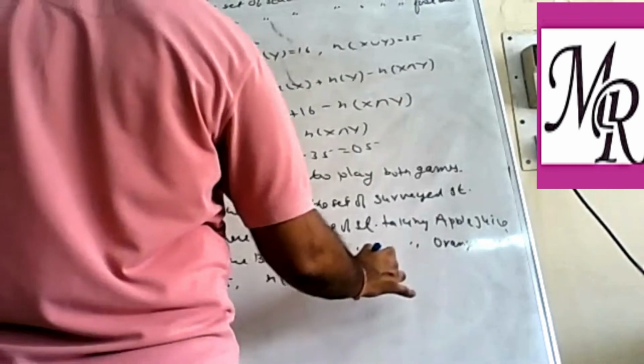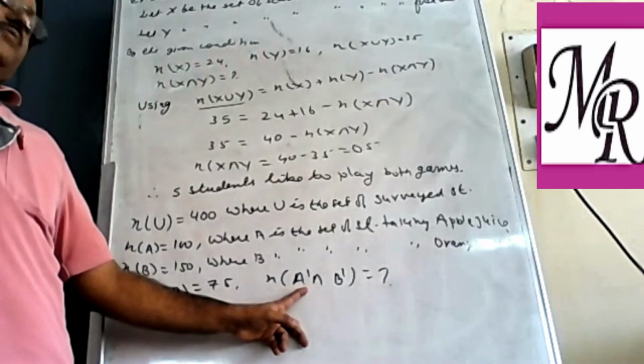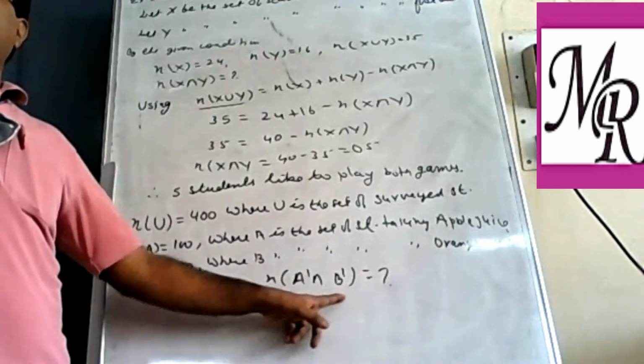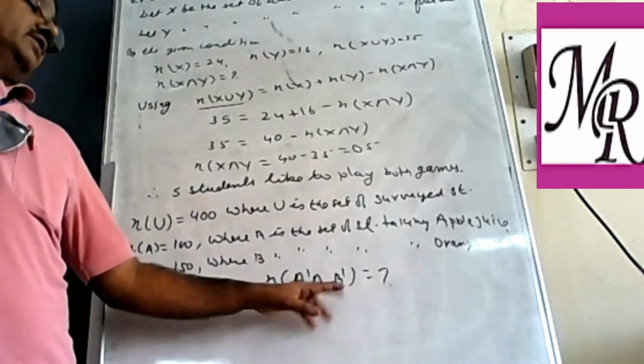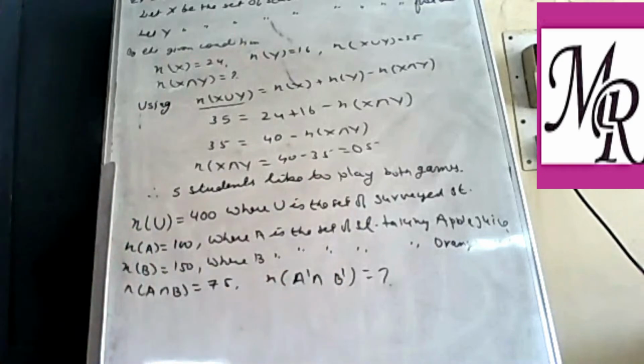You have to find number of elements in A complement intersection B complement. The meaning of this is neither apple juice nor orange juice. That is, the students who take neither orange juice nor apple juice. That you have to find. This is clear?